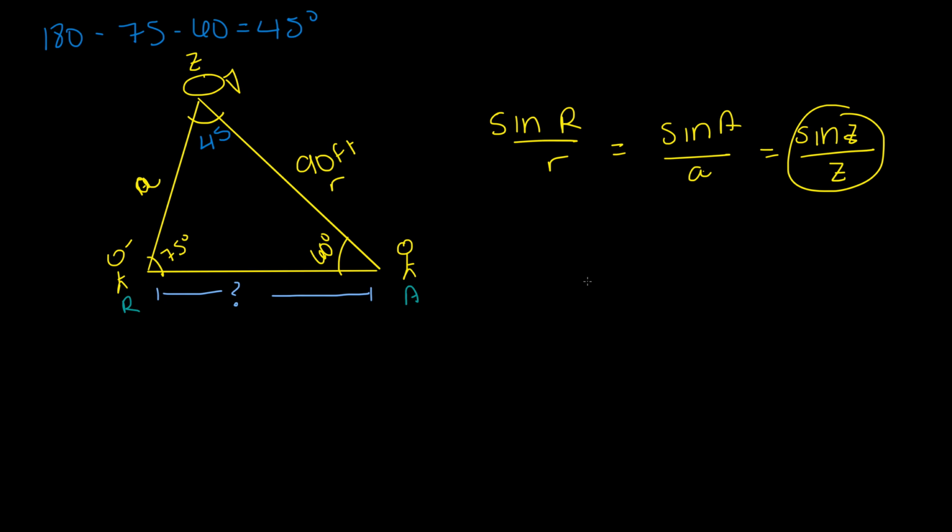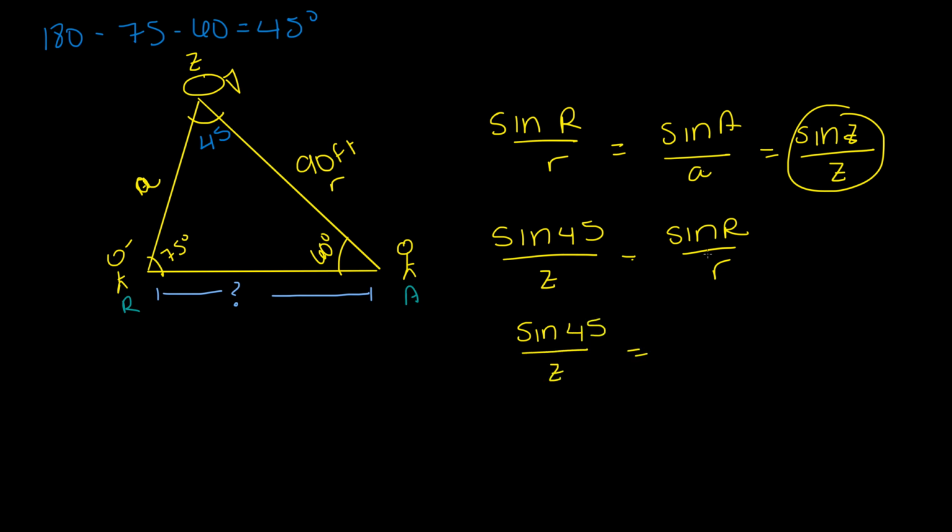So now I know sine of 45 over z, which is the distance between Rochelle and Amaya, is equal to, well, I know this 90 and I know this 75, so sine of r divided by r. So this is sine of 45 divided by z equals sine of 75 divided by 90.